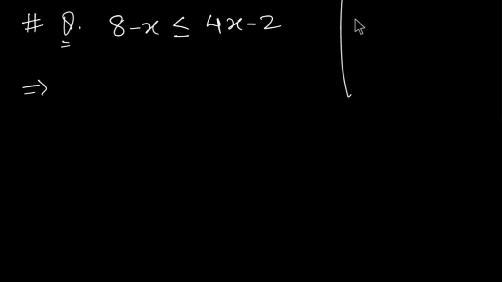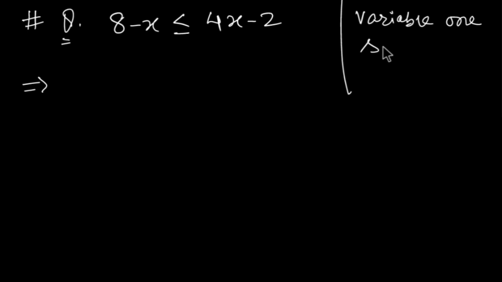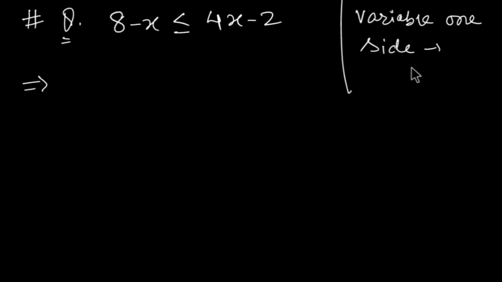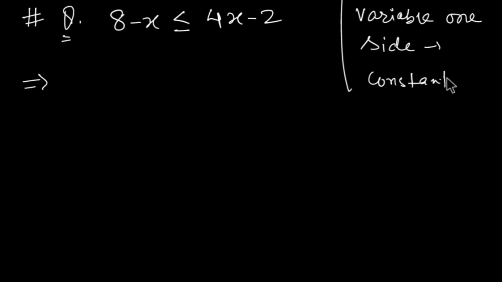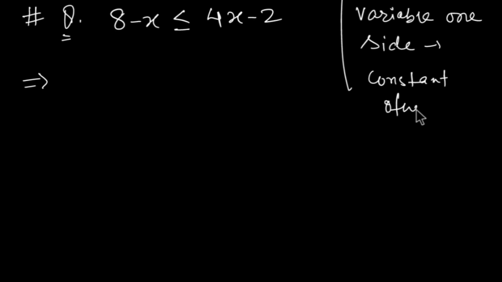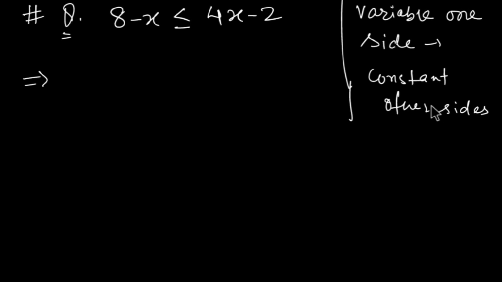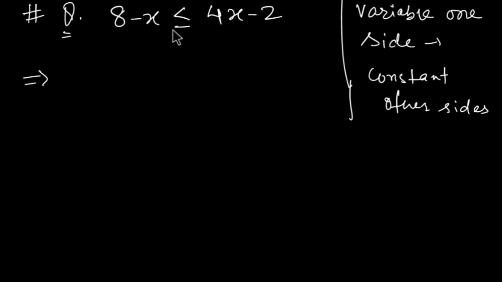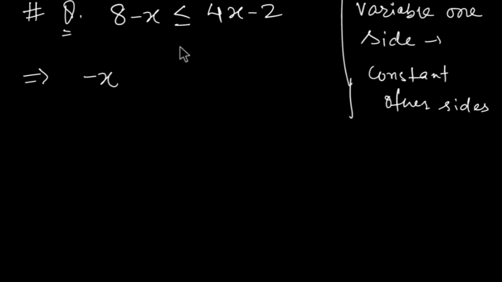and the constant on the other side. So always remember: variable on one side and constant on the other side. If you always do this, you will be able to solve the question. So this minus x and this 4 will come to this side.